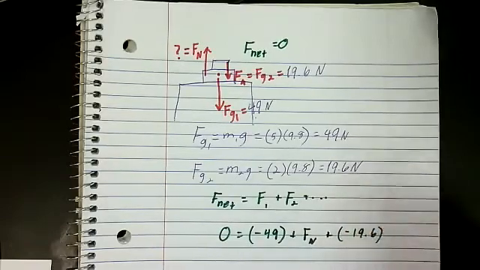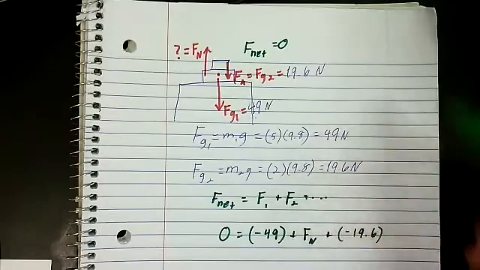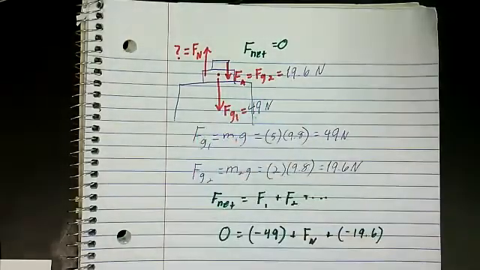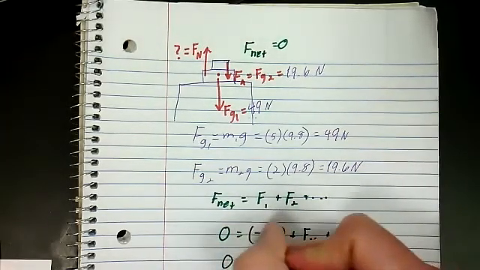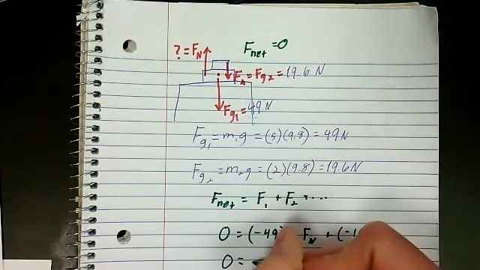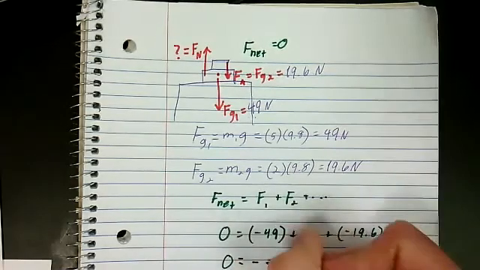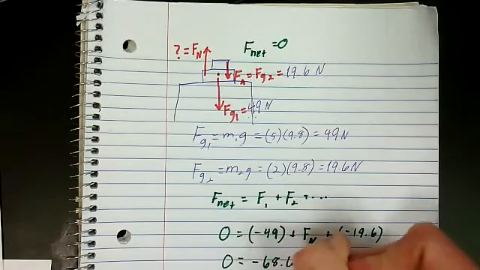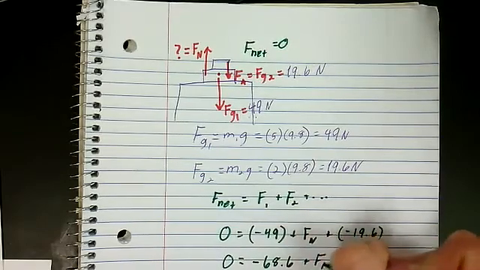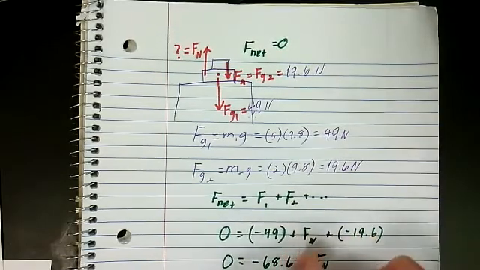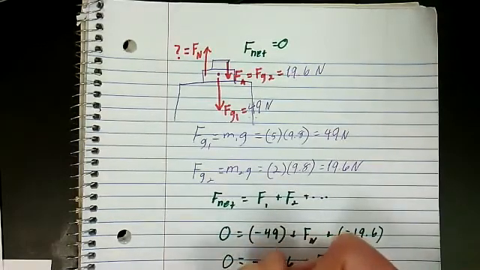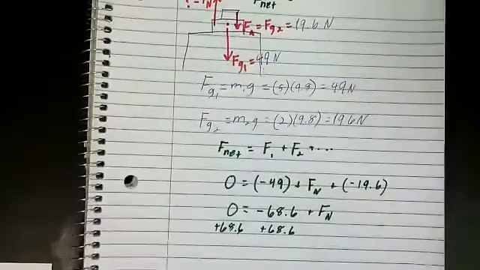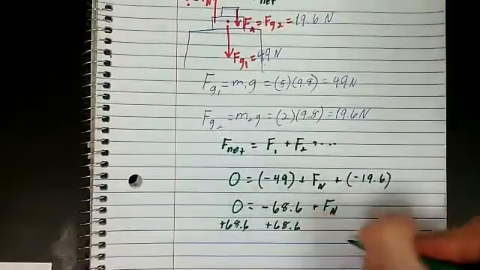And again, if you're wondering why it's negative, even though these are positive, I'm looking at the directions in my diagram. Okay, so 0 equals, when you combine these two, negative 68.6 plus normal. I would then add the 68.6 to both sides. And that's where my answer comes in.